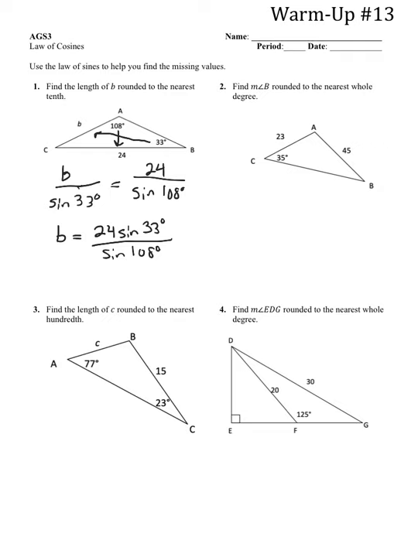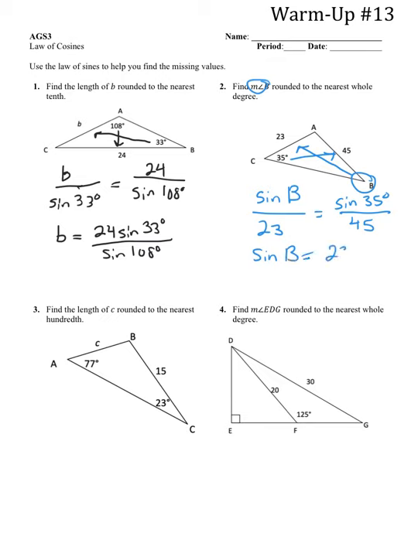Problem 2 looks like this: this time we're using angle B, but we're solving for the angle measure instead. Find the measure of angle B. So we would set up sine of B over 23 equals sine of 35 over 45. For this one, we're going to need to use inverse trig functions to solve it.